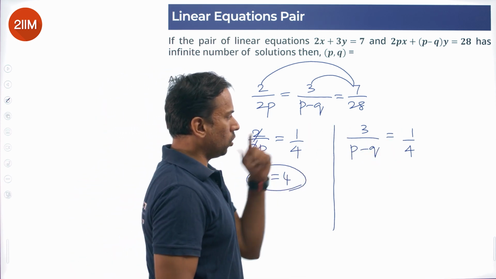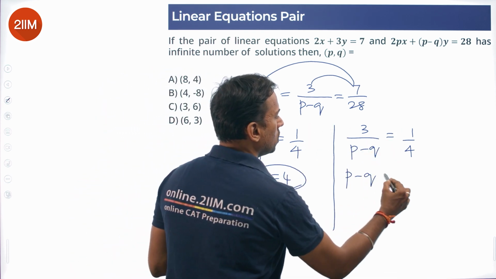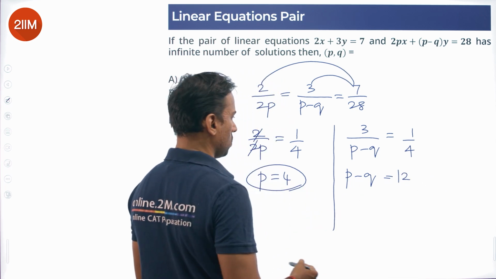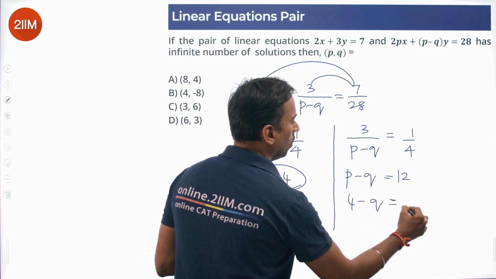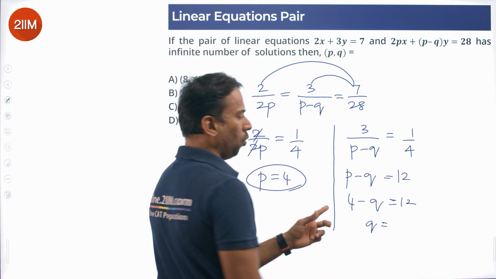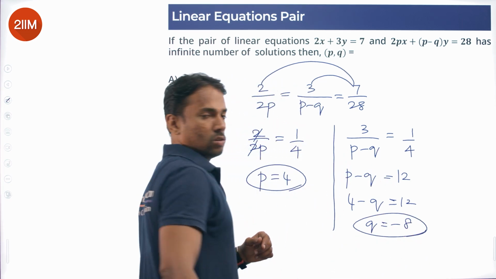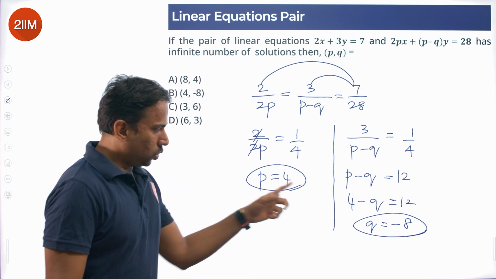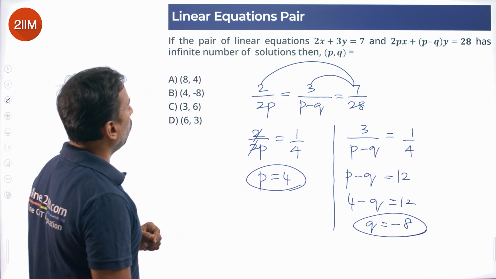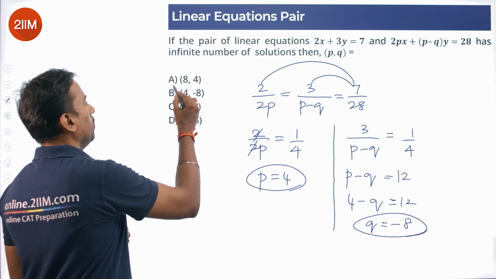Here, cross multiplication, p minus q is equal to 3 4s are 12. That means 4 minus q is 12, or q is equal to 4 minus 12, that means minus 8. So p is 4, q is minus 8. Our answer has to be 4 comma minus 8, which is in option B.